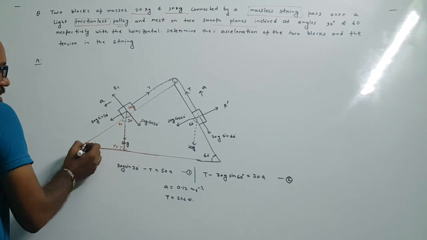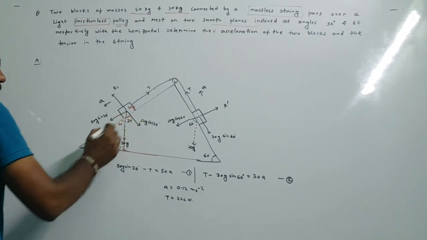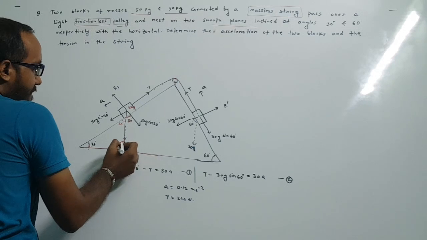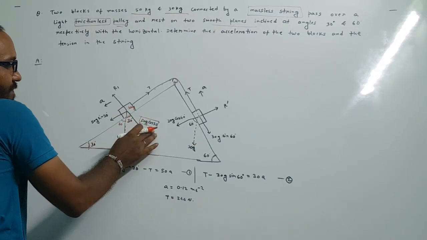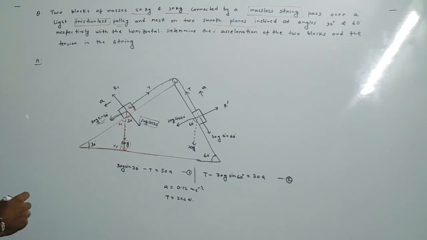Always remember, this angle and this angle will always be the same, that is 30 degrees. So the component along the perpendicular is 50 g cos 30, and the component along the plane is 50 g sin 30.